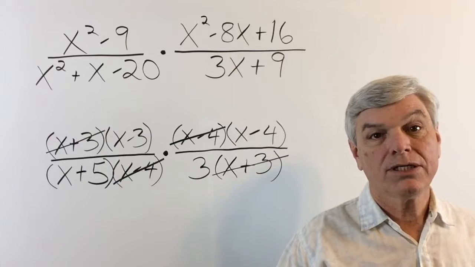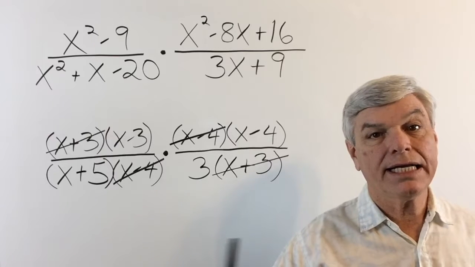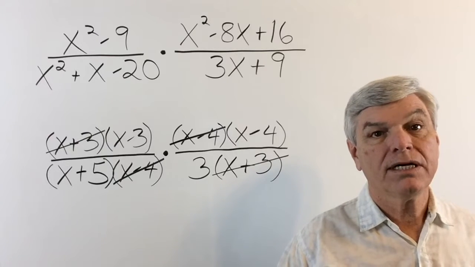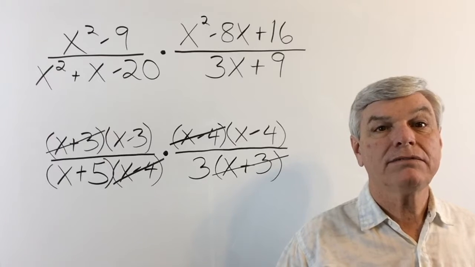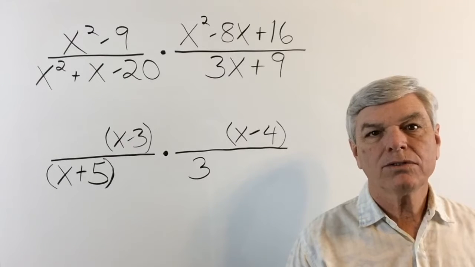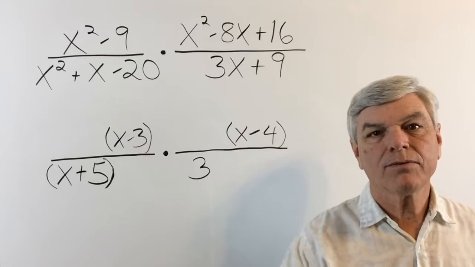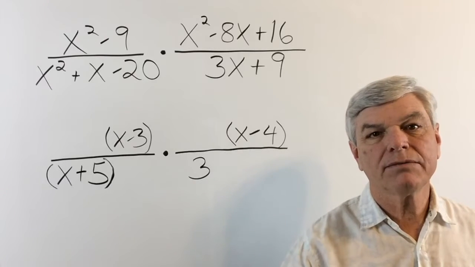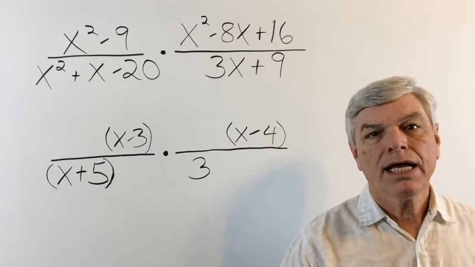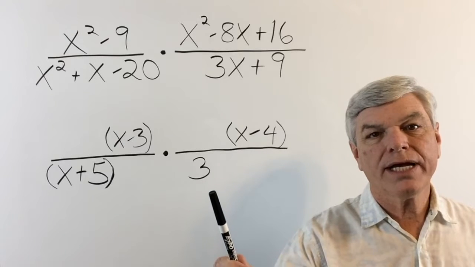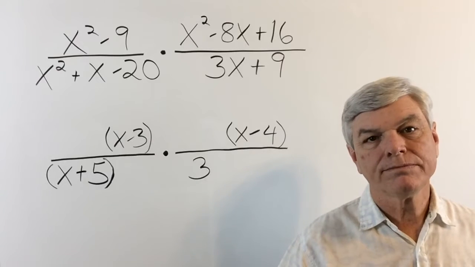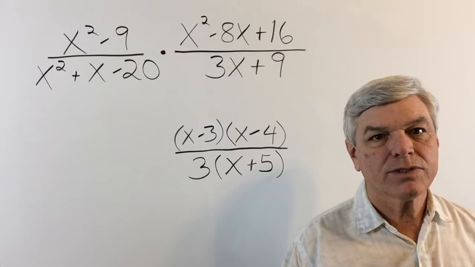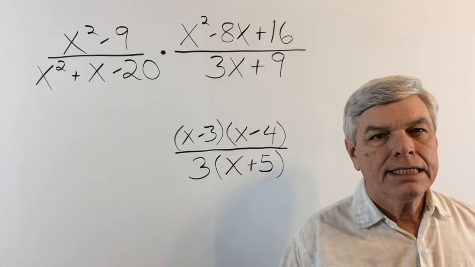Now you should be bringing it down to right here on your paper, but I'm just going to erase it. And there you go. We're just going to multiply everything out, and we're going to have x minus 3 times x minus 4, and we're going to have 3 times x plus 5. Let's move all that over here. And that's the answer. That's what that will look like.